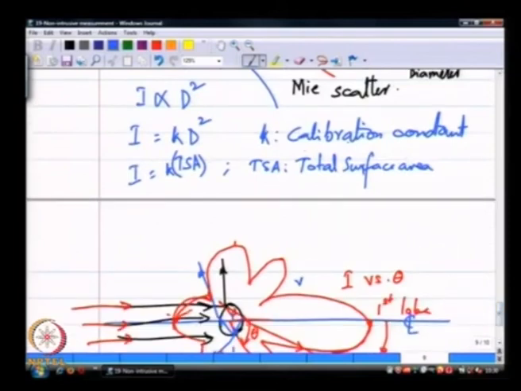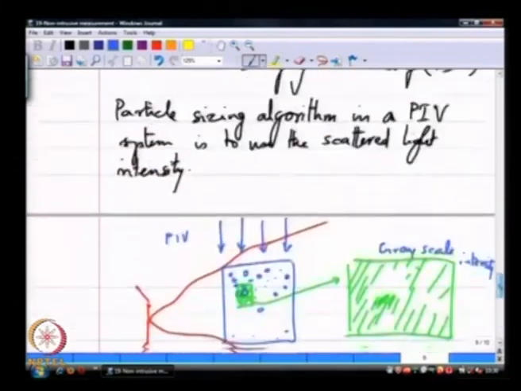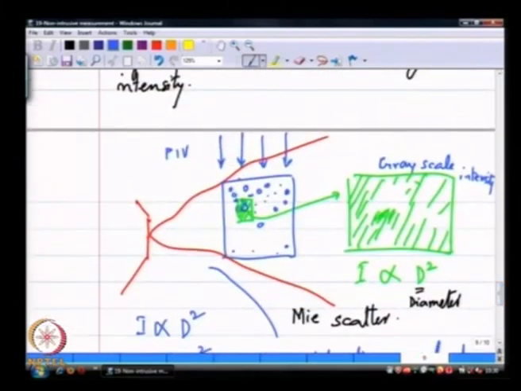or in some sense, instead of saying total, you might say this is the mean surface area, like an average surface area in this little green rectangle, and that liquid vapor surface area that is present in this green rectangle is responsible for the grayscale intensity, like an average grayscale intensity at that point.